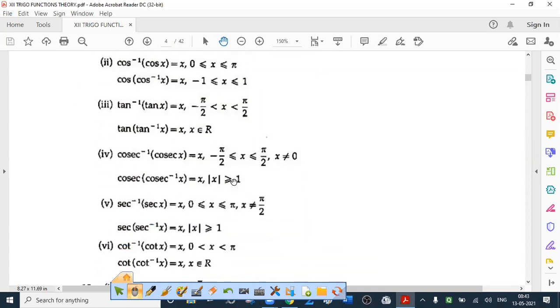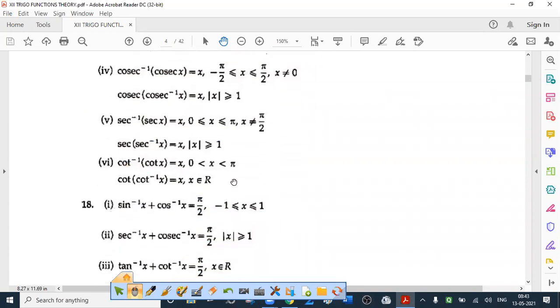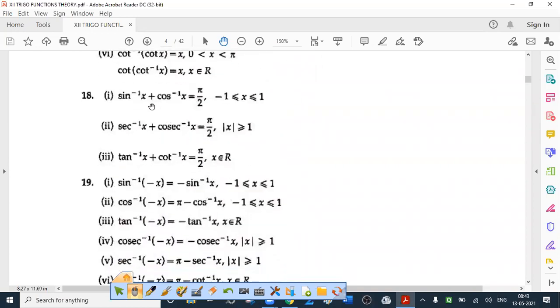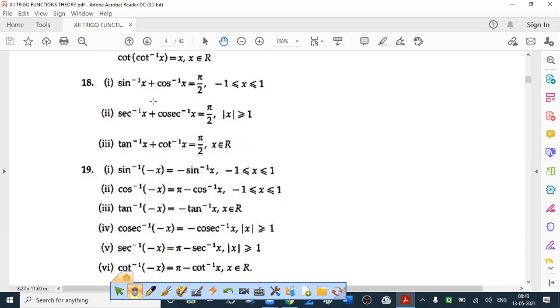Then result number 18 is important. Sine inverse x plus cos inverse x is pi by 2. We will verify this. Suppose x is half. If you take x equal to 2, that is absurd because x has to lie between minus 1 and 1, both inclusive.